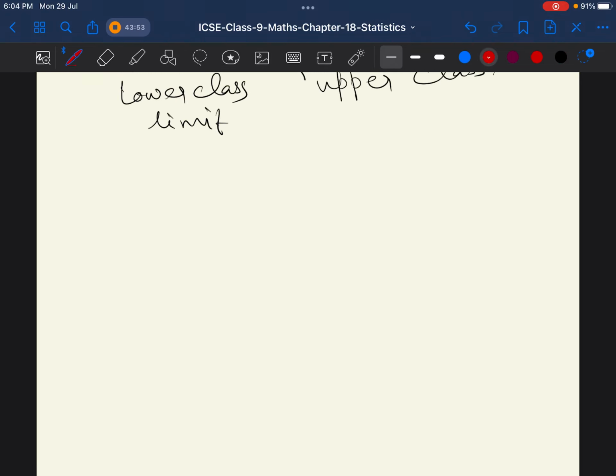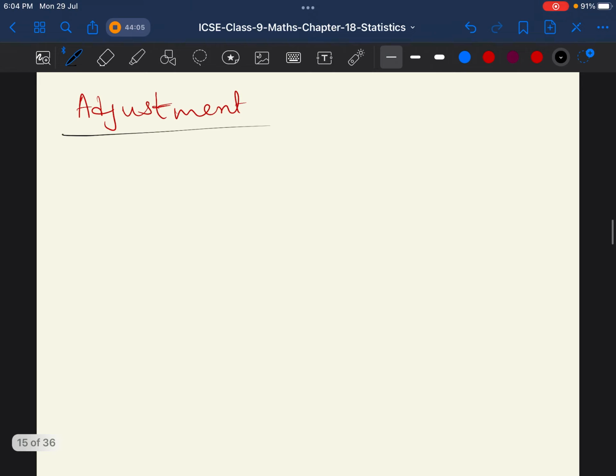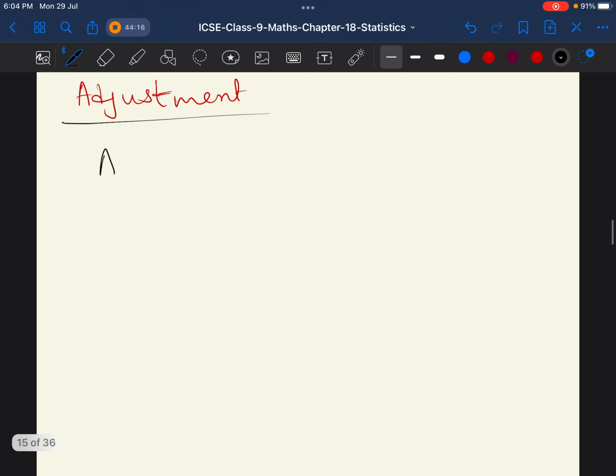So now we will read adjustment. So what is adjustment? Adjustment means adjustment factor. We will find the adjustment factor.